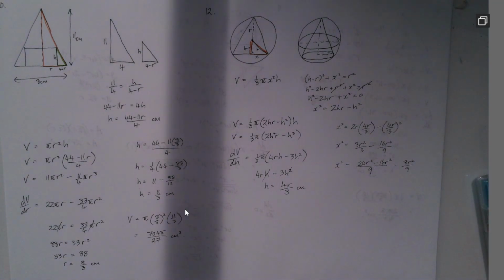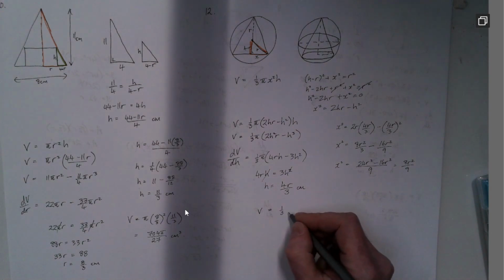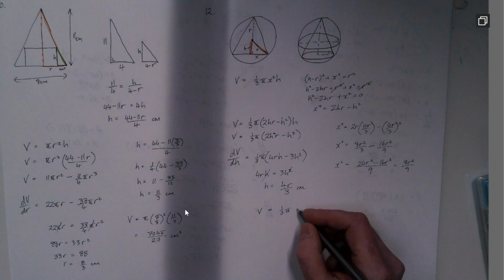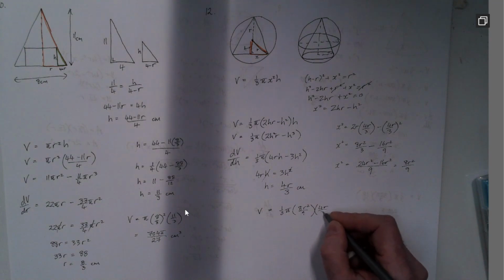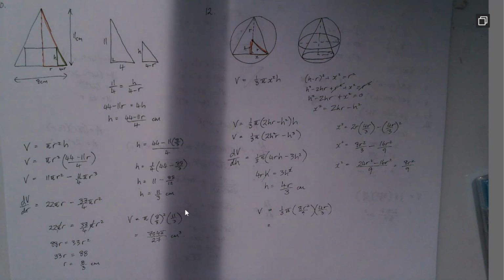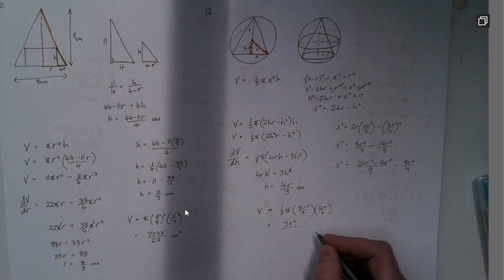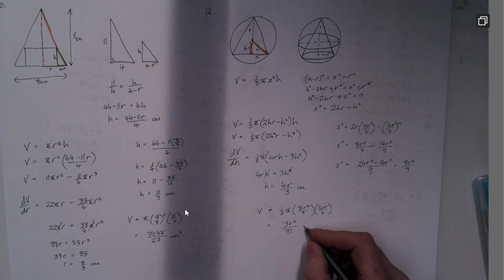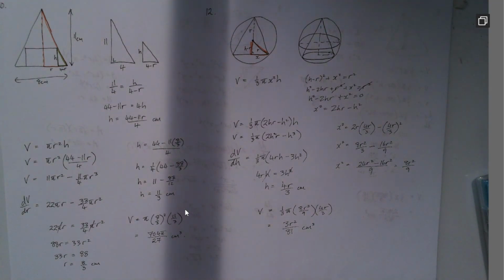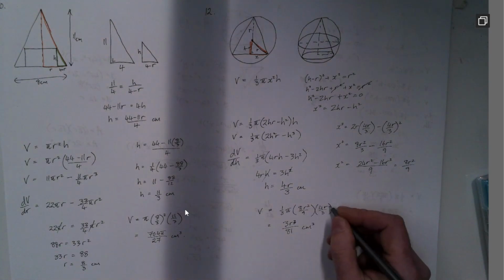So the maximum volume equals one third times pi times x squared times h, so x squared is 8r squared over 9, times 4r over 3. So that gives 32 r squared times r over 81, so the maximum volume is 32 pi r cubed over 81 centimeters cubed. r squared times r is r cubed.